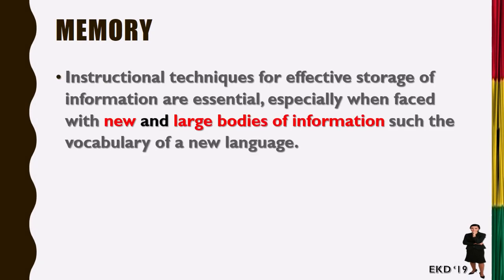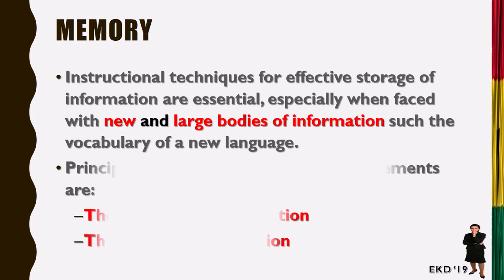Memory. Now, when students perceive, they give attention and they begin to encode. When they encode into the memory, when they transfer everything they are learning, it is transferred into the memory. So the memory can store a large body of information.